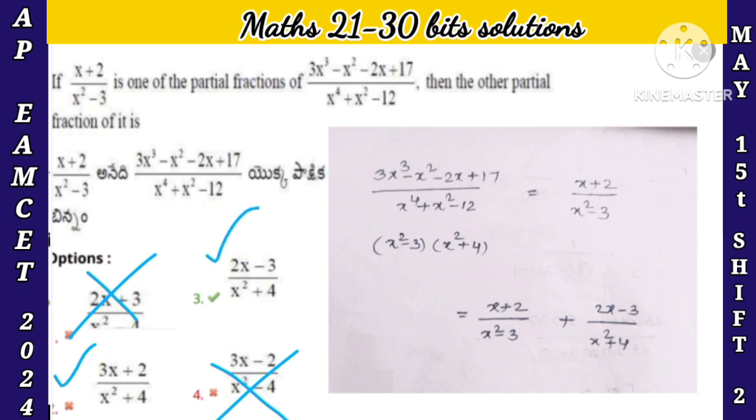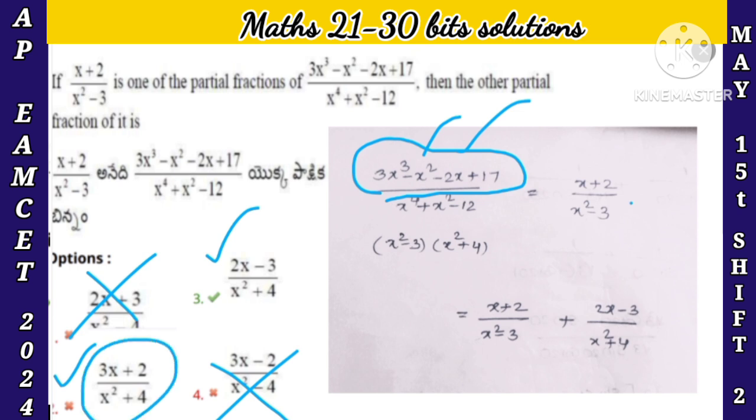Okay, now coming to the options. Once observe the numerator values of the equation. Here some values are negative, some are positive. Suppose you take the third option as the answer: (x plus 2) by (x square minus 3) plus (3x plus 2) by (x square plus 4).